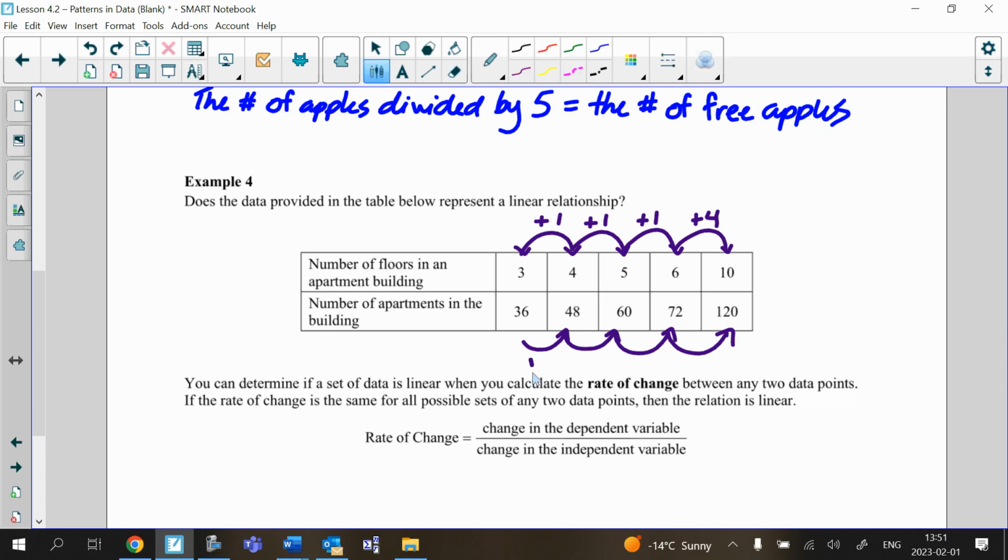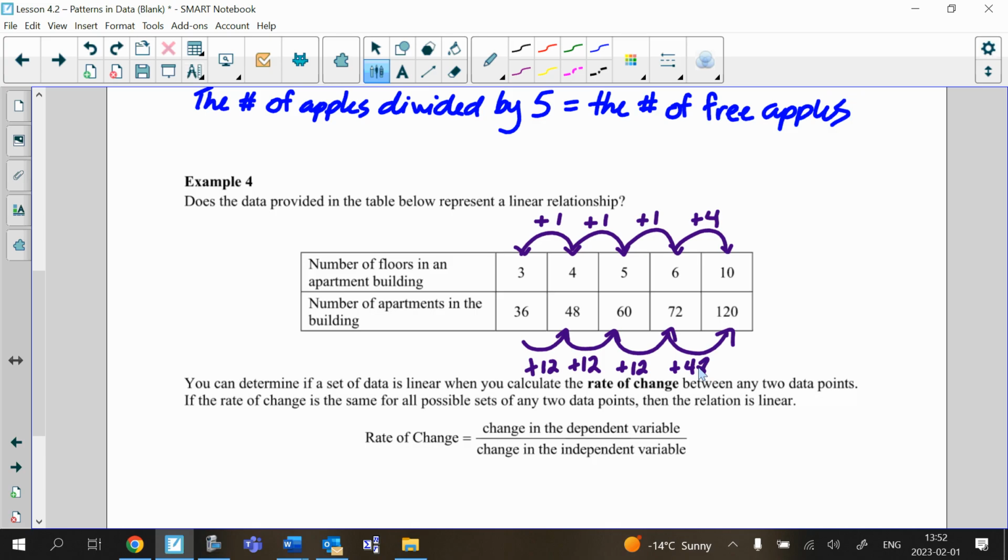We find the rate of change that each one is changing at. So I take pairs of data, this pair, this pair, this pair, and this pair, and find the rate of change. How do I find the rate of change? This is something we did in grade 10 pre-calculus. It's the difference between the dependent variables, or the bottom ones, over the difference in the independent variables.